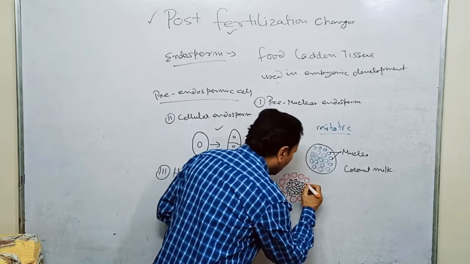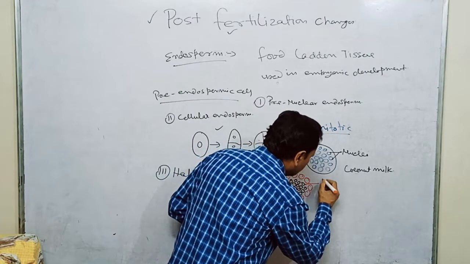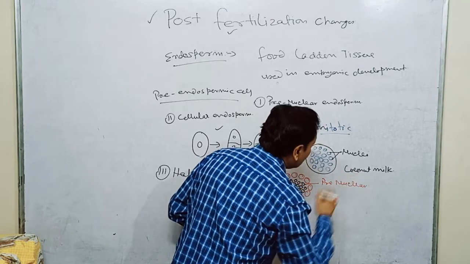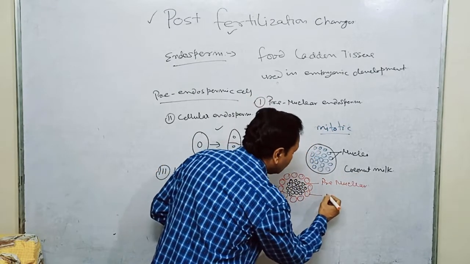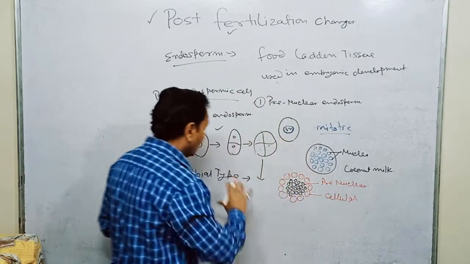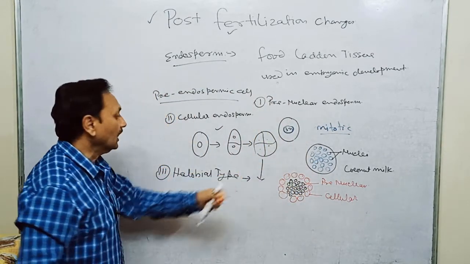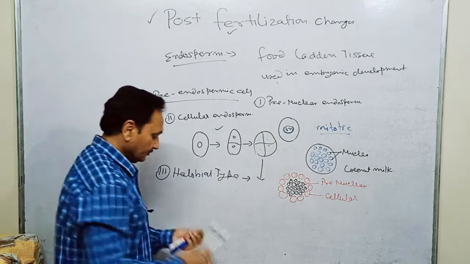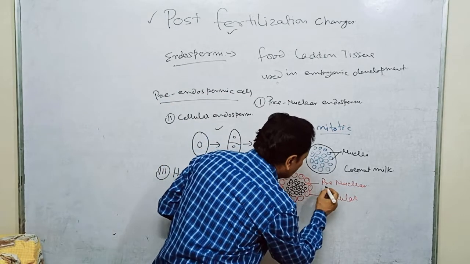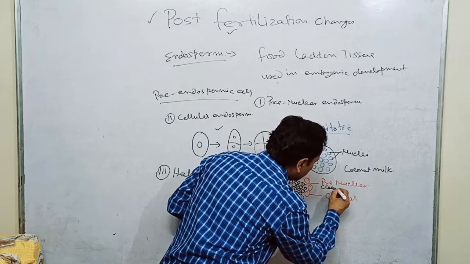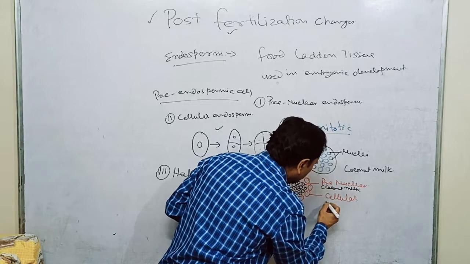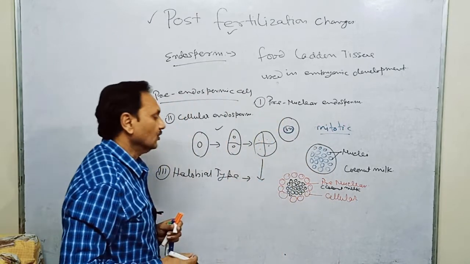So this part is called free-nuclear endosperm and this part is called cellular endosperm, and this type of endosperm is called helobial endosperm. It has been observed in coconut, where coconut milk and the edible white part of the coconut are found.